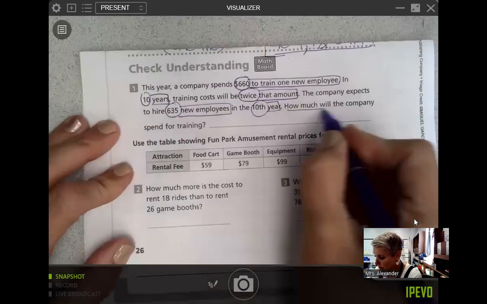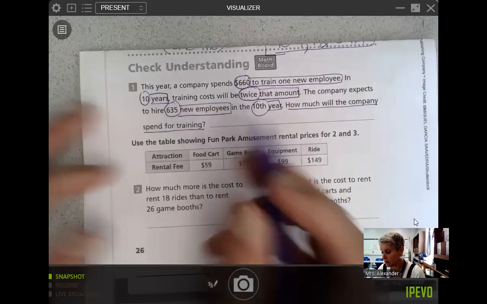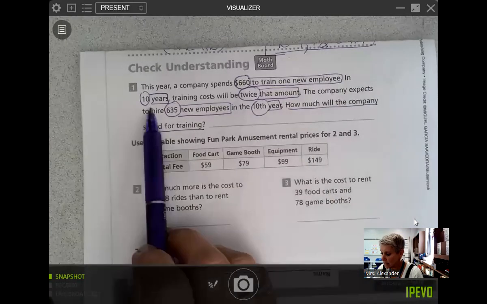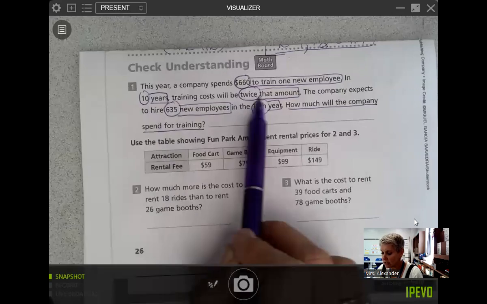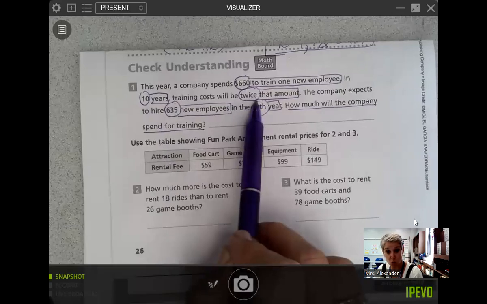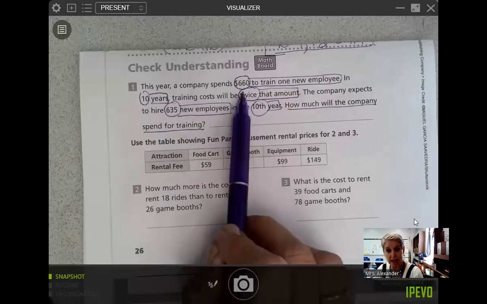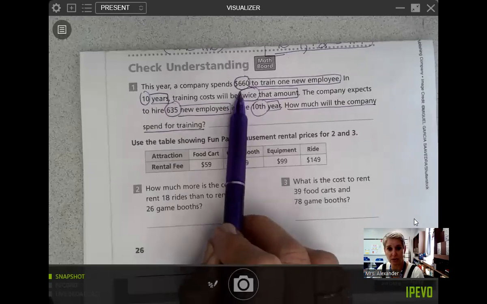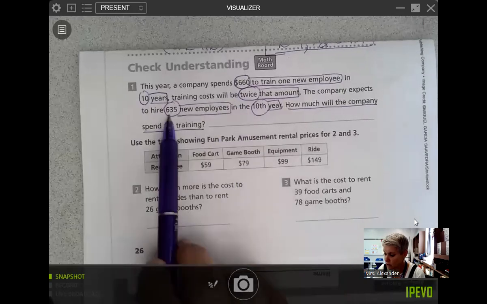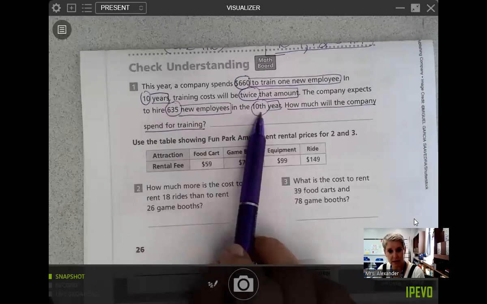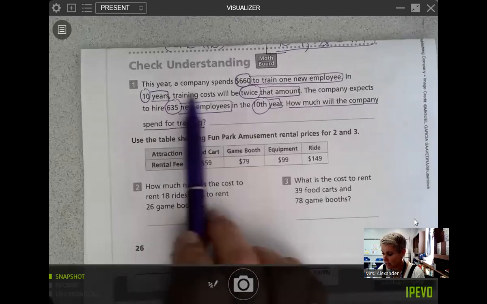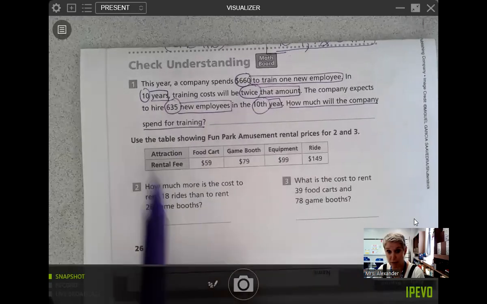How much will the company spend for training? So in 10 years, the cost is going to be twice the amount. Right now, it would be $660, but when they're hiring these new employees in the 10th year, that cost will be twice the amount or doubled.